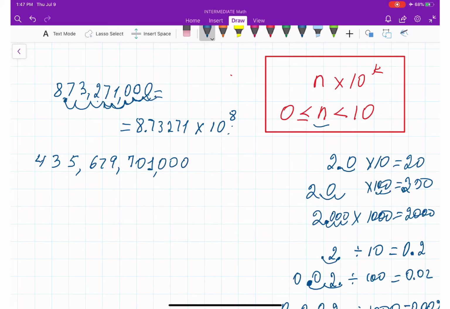Okay, how much is it going to be? Let me start from here so I will have enough space. I can't take even 43 because it's greater than 10. So it's going to be 4.3, 5, 6, 7, 9, 7, 0, 1. I'm writing down the whole nine yards.